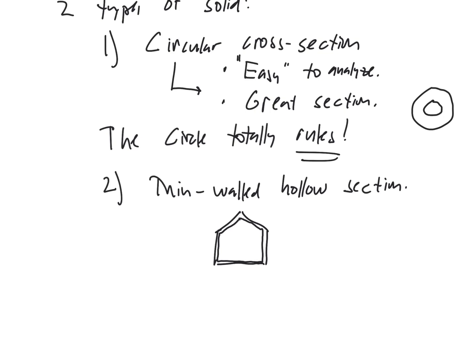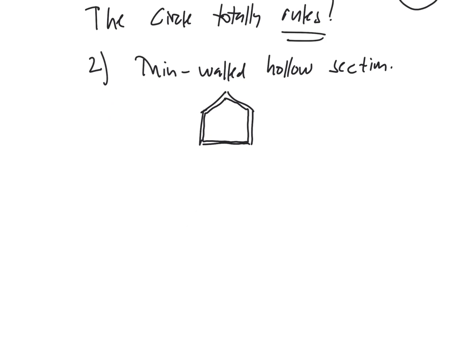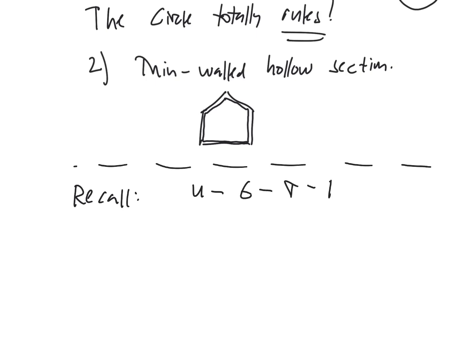All right, so what we're going to do, as we always do, is bring it back to our hierarchy of variables. So recall, we want to keep this in the forefront of our minds. Remember, in this class, we go from displacement to strain to stress to force. That is a general idea.